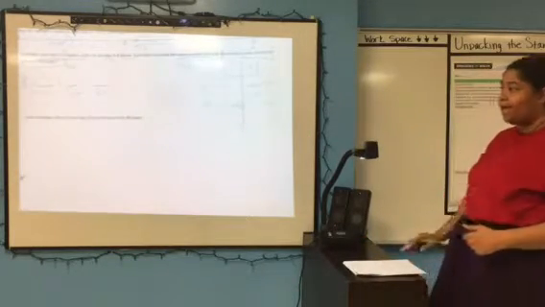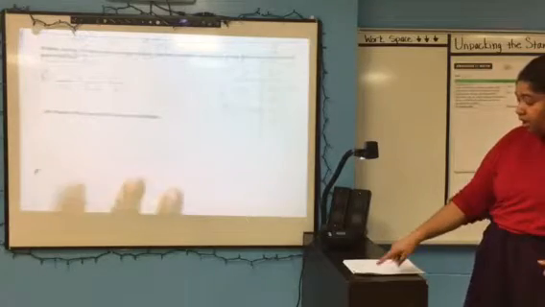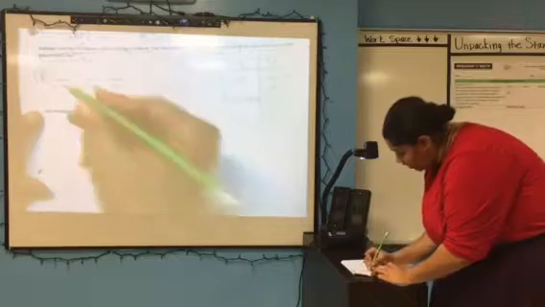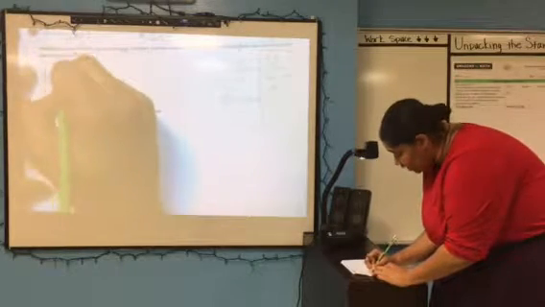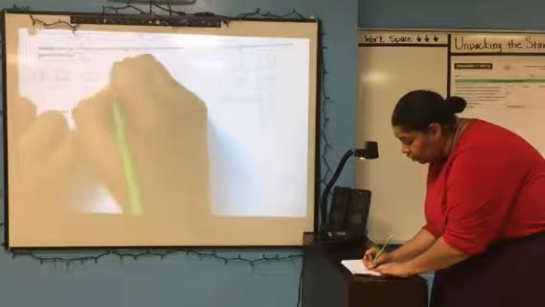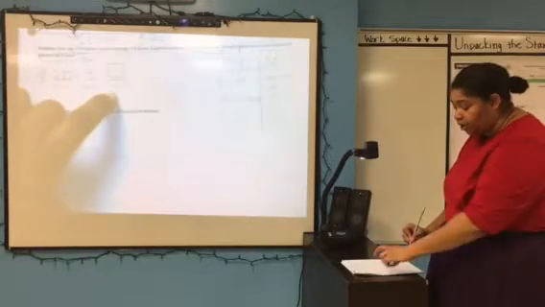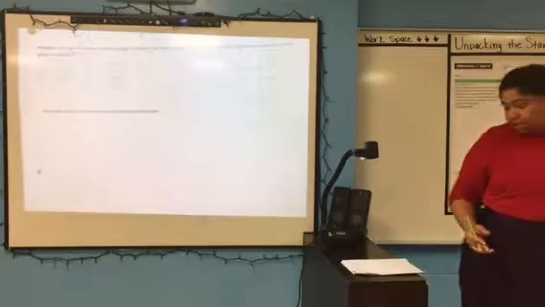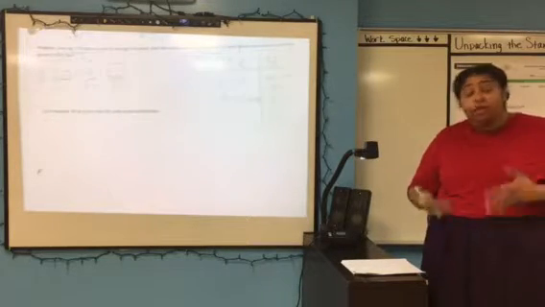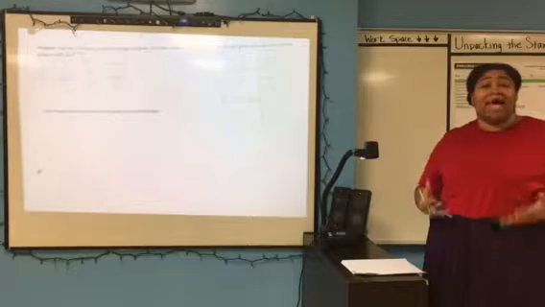So based on that, I come back over to my representation and I know this is 270. I know one of my factors is 9, and now I'm looking for my missing factor. So my problem is 270 divided by 9. 270 cards divided by 9 groups.